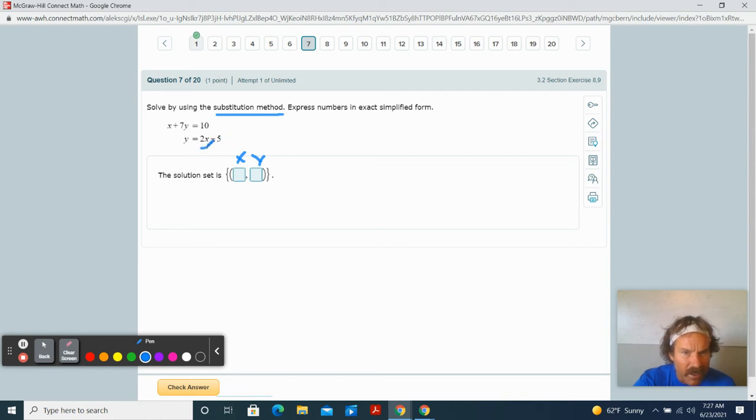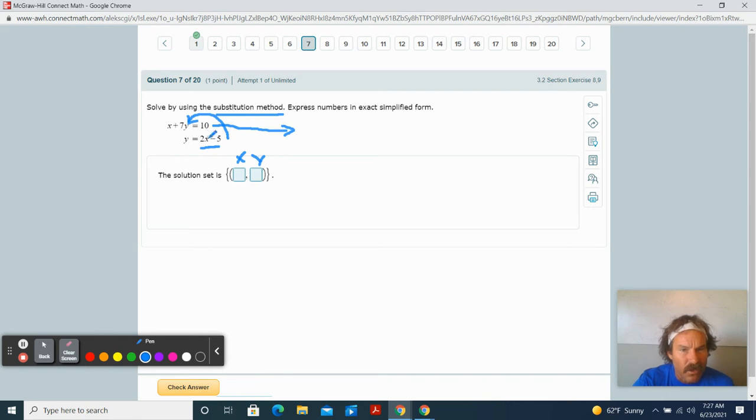So if y is equal to 2x minus 5, that means that this y right here is equal to 2x minus 5. We can't solve an equation for a variable if we have two different variables in the equation. So we're going to substitute. That's why it's named the substitution method.